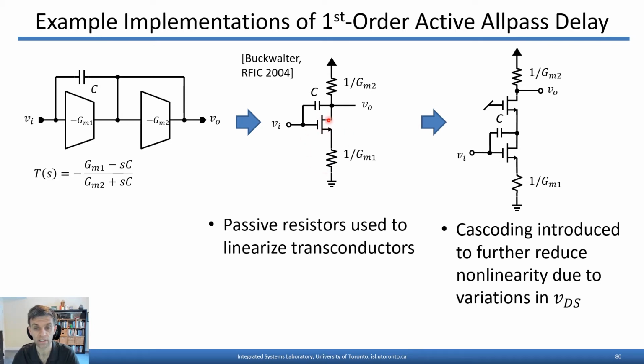So that's going to tend to linearize the transconductance GM1. At the same time, we provide a linear load resistor up here. So that's serving as GM2. So now you've got a static linearity that's determined by the ratio of these resistors rather than active transistor transconductances. So that's going to offer better linearity.